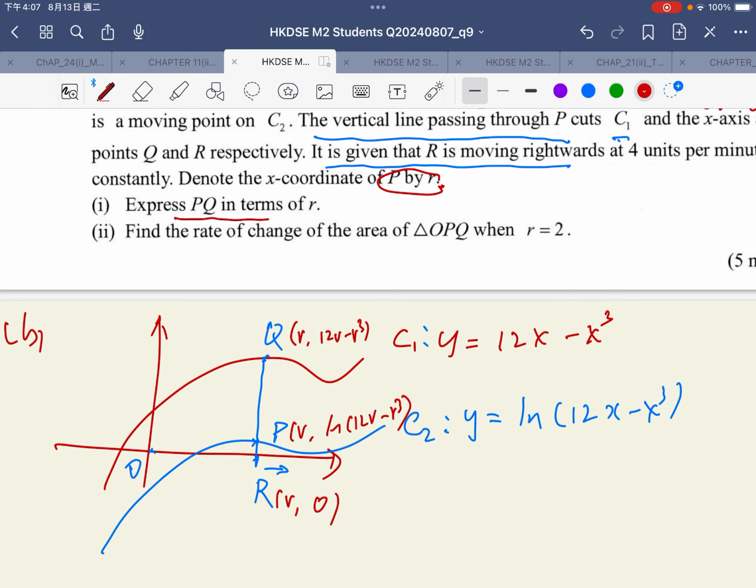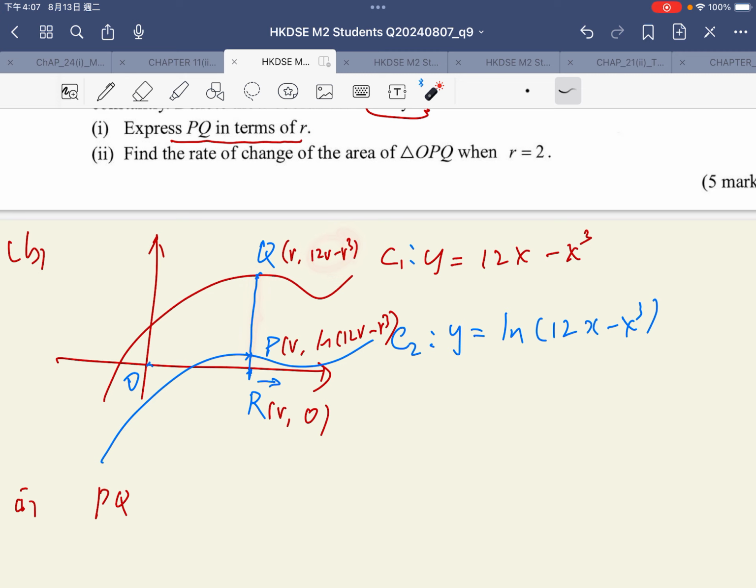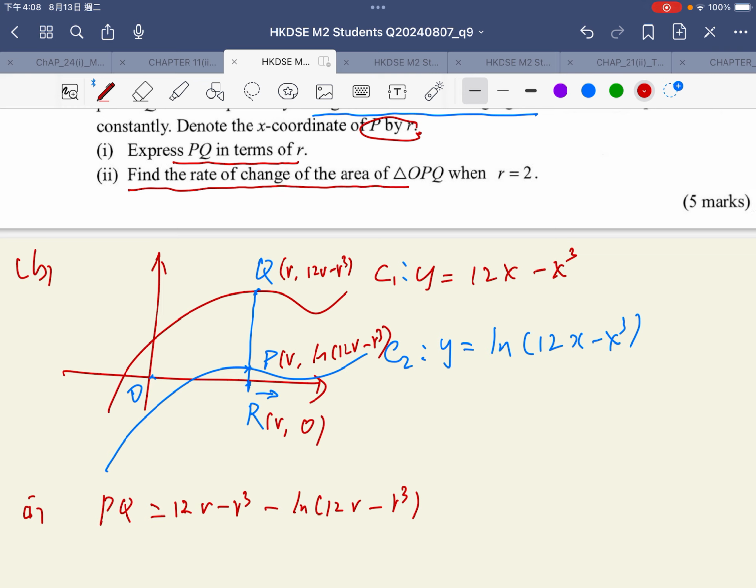PQ means this distance. Since this is a vertical line, I just take the difference of the y coordinates: 12r minus r cubed minus natural log of 12r minus r cubed. And part B: find the rate of change of the area of triangle OPQ.